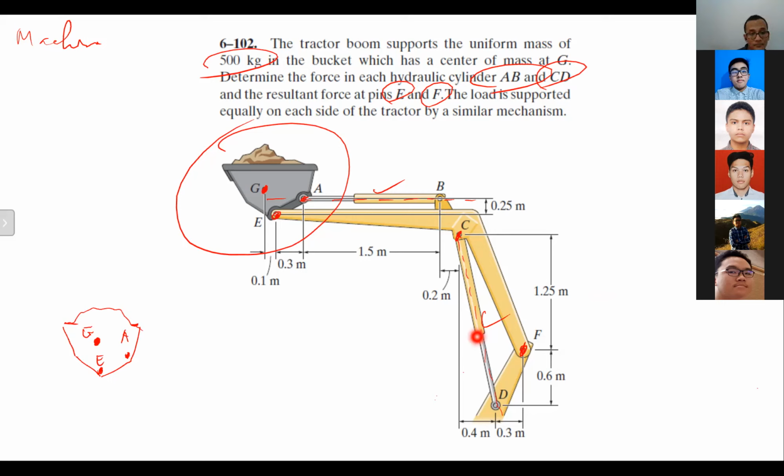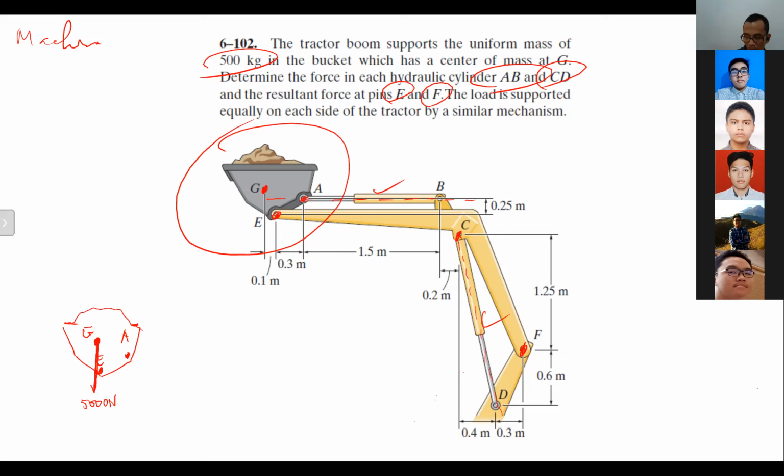Can you help me to finish this particular free body diagram? So it will be 5,000 newtons downwards at G. What else? The distance between G and E is 0.1 meters, and the distance between E and A is 0.3 meters, right?